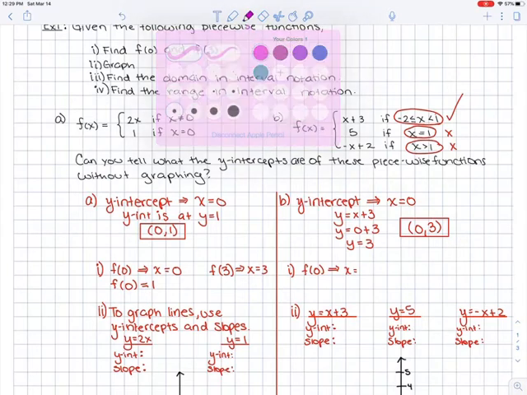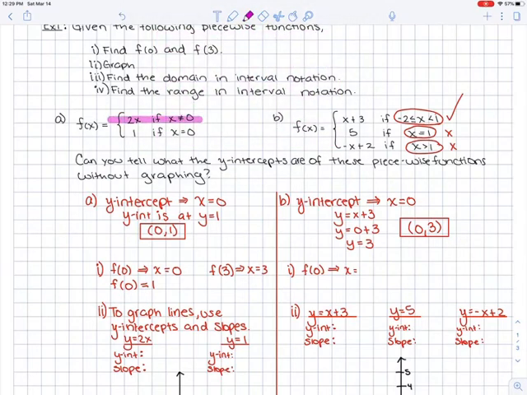The reason it's defined for y equals 2x is because y equals 2x is defined everywhere except at x equals 0, which means that it's defined at x equals 3. So let's use 2x, and plug in our 3, and we get that f of 3 is equal to 6. Box this answer too.